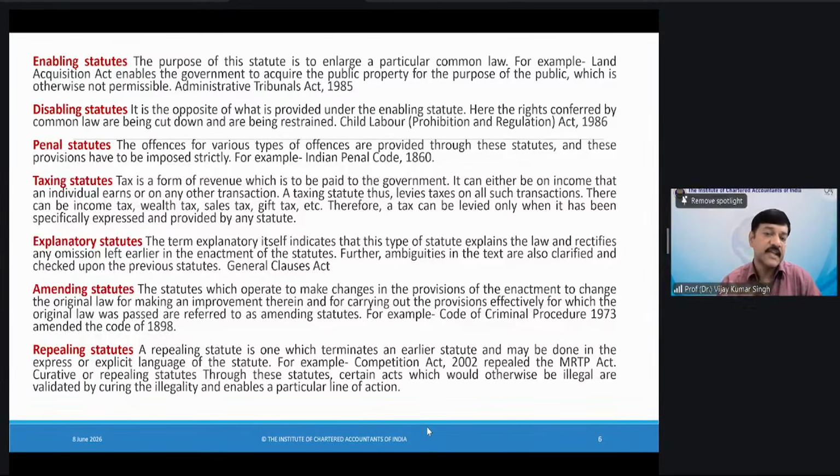Any questions on the types of statute or any observations, any one of you? Seems you don't have any questions. Okay, so we'll proceed further.